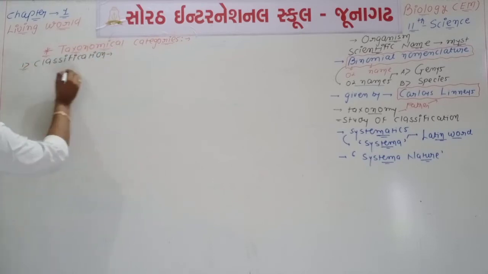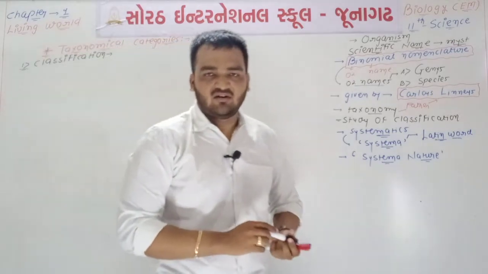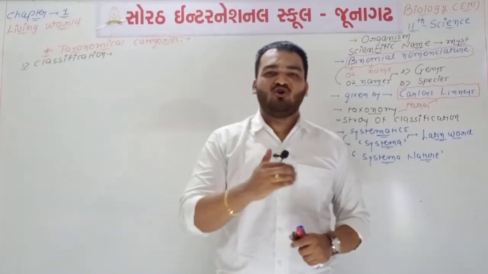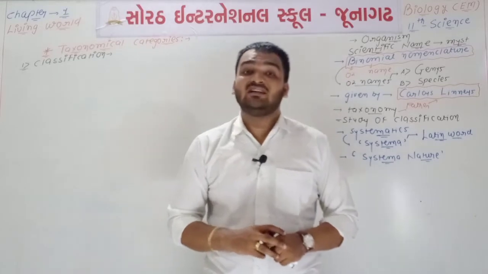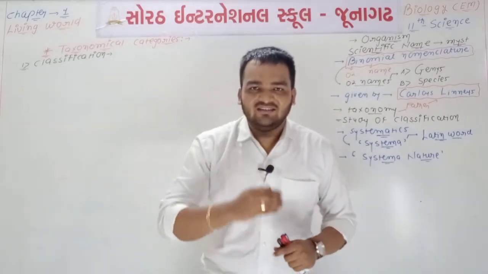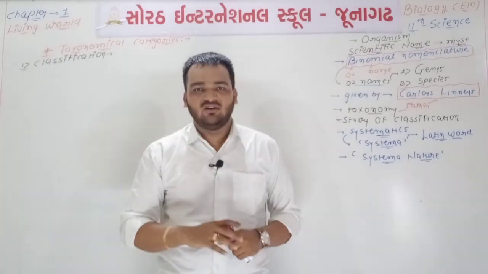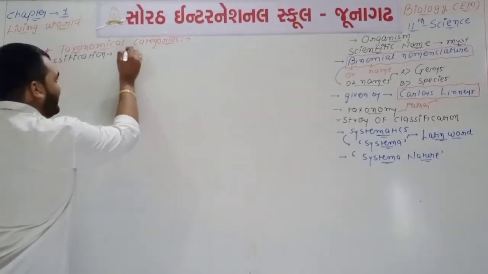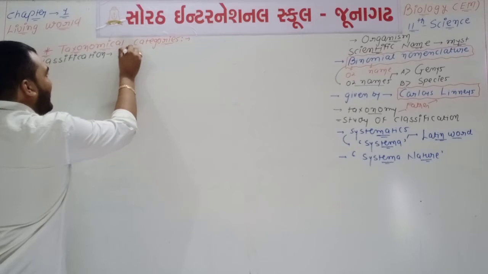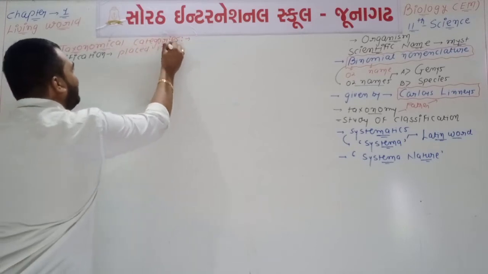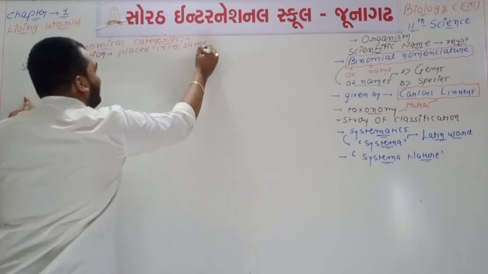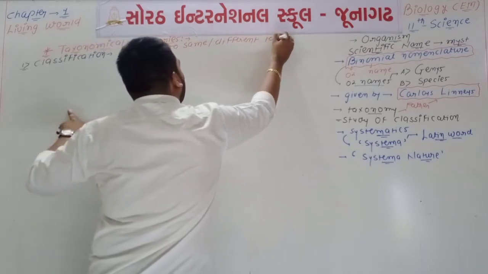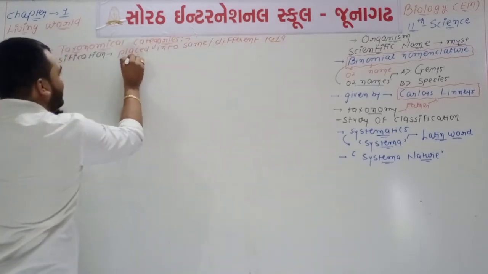Classification is one type of scientific method in which living organisms are arranged or placed into same or different taxa according to similarities or dissimilarities of their particular characters.